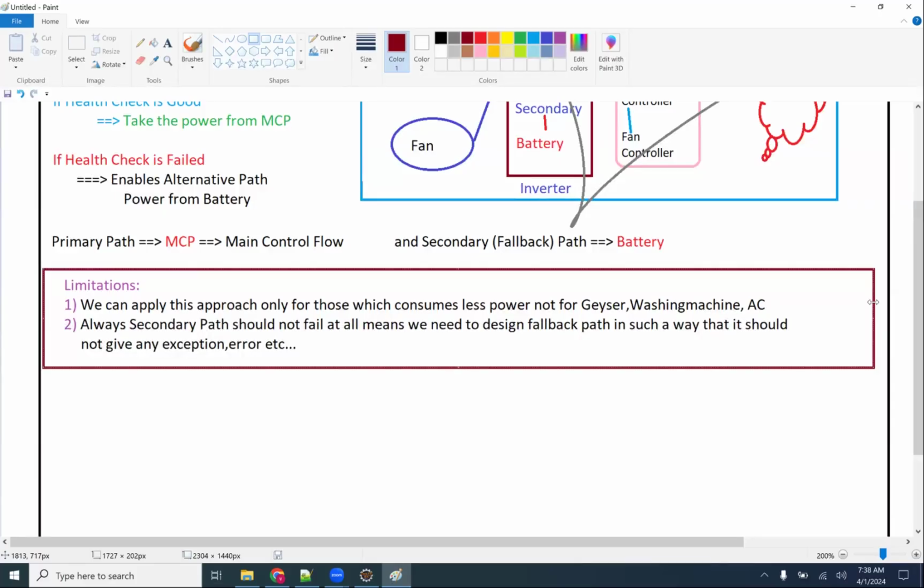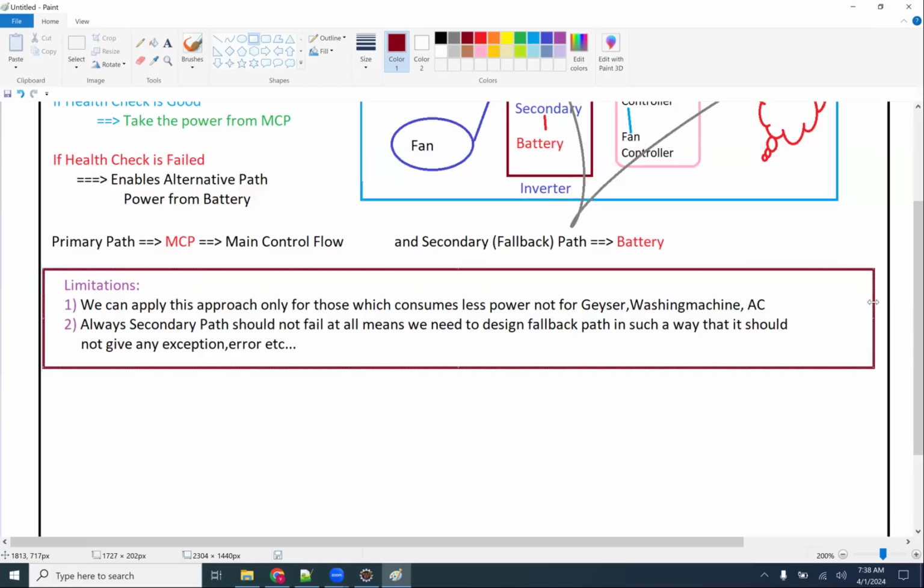So during that situation, my main usage is bulb and fan and switch in every room. In the living hall, bulb and fan and switch, in the bedroom, fan and switch, and in the kitchen.